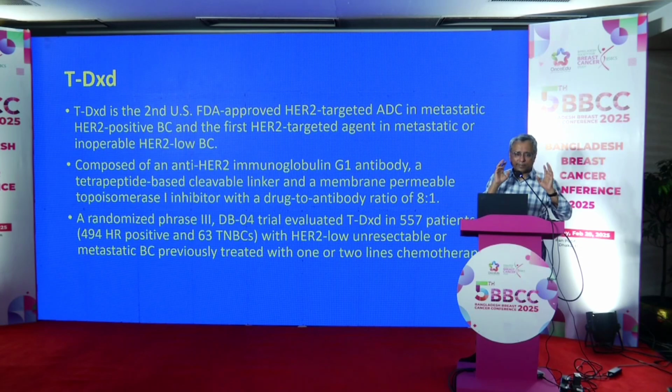So make sure that the immunohistochemistry that you are doing is good for HER2 low, right? Because if it's not accurate, then a lot of patients will be getting this expensive drug, which we don't want, right? Unnecessary expensive drugs, which can also be very toxic to the patient.